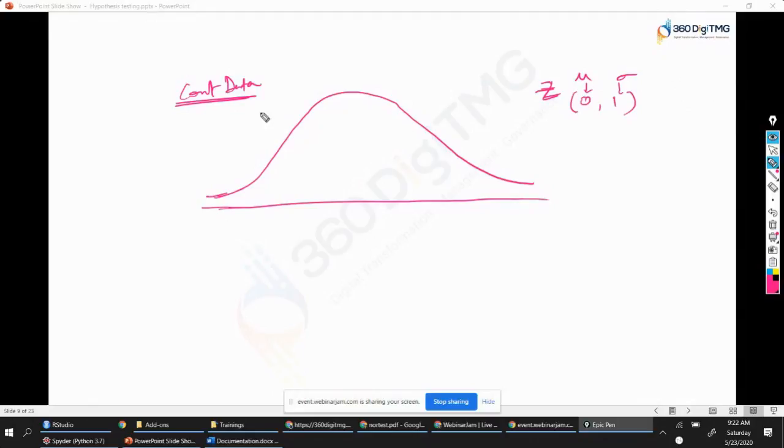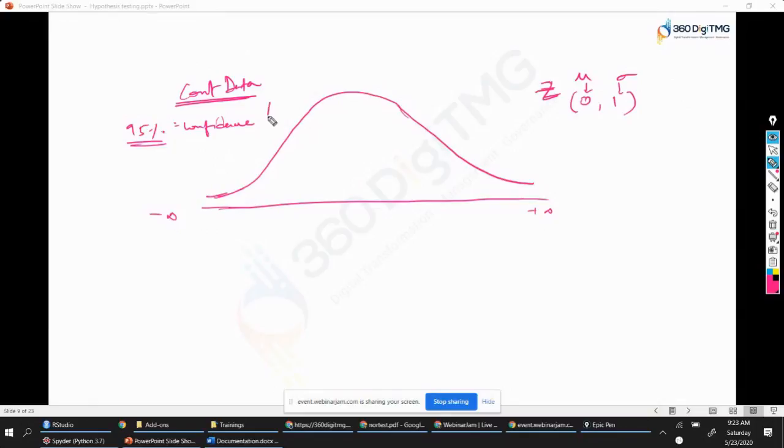We are saying that I have confidence that the data we are taking are normal. The industrial standard says 95% is the confidence we take by default. The entire area under the curve is minus infinity to plus infinity. Everything falls under this, isn't it?